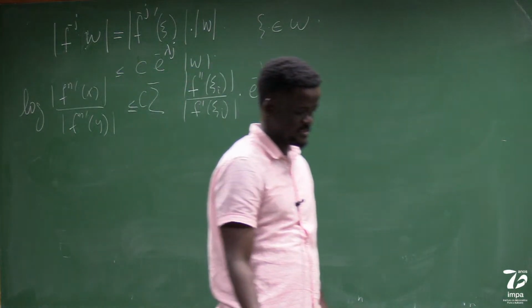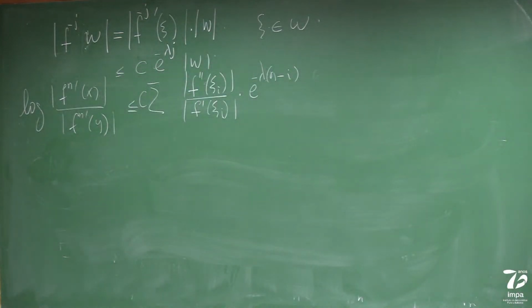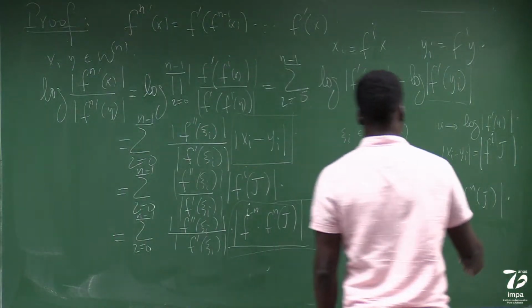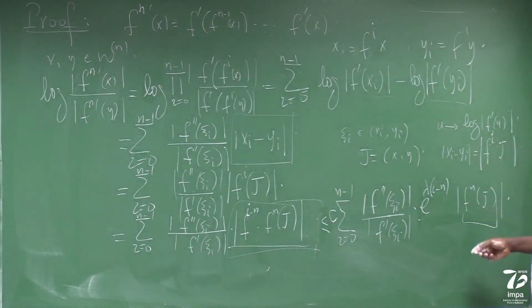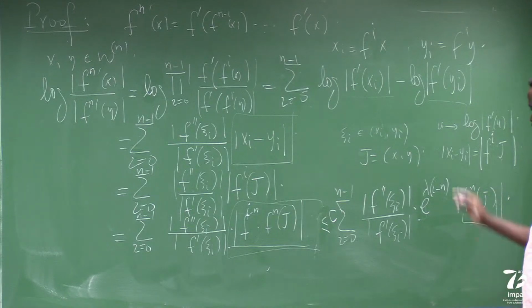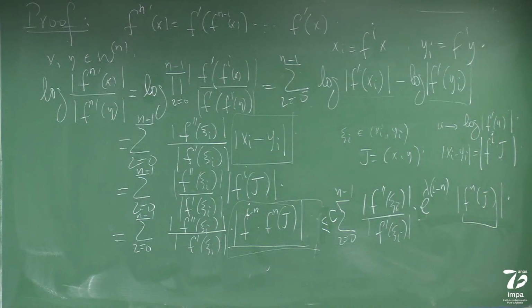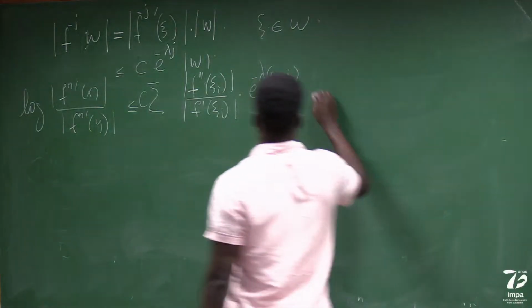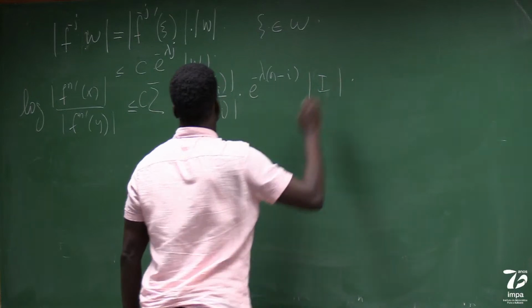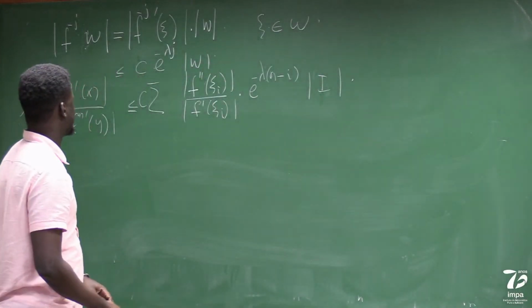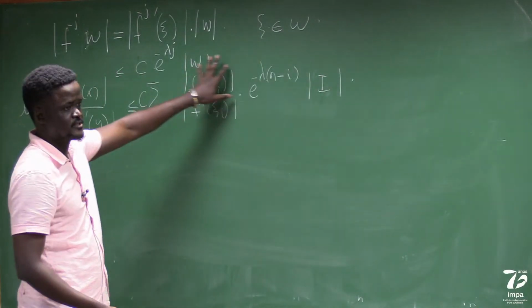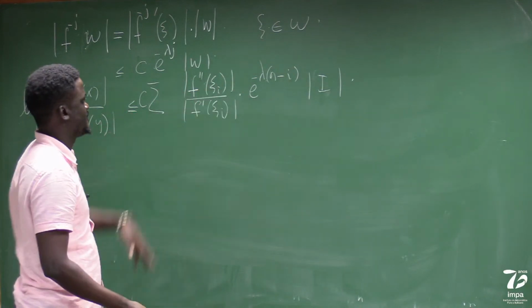And f n j is a subset of I, okay? This guy here is a subset of I. So this is less than the size of I. So I should put it there. Times the size of I.